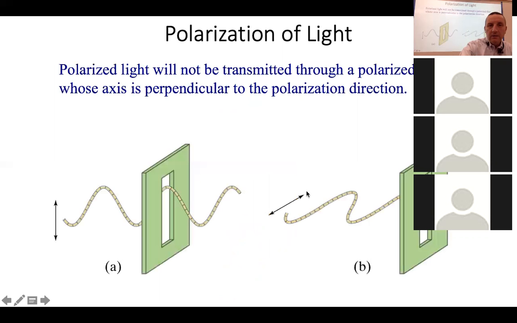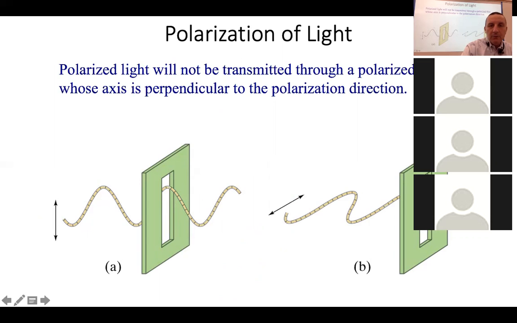Okay, and how that happens, here's just using a picture. If you imagine here's a board and a rope that we make wave, and make the waves go through on this rope. If the slit in the board is in the same direction as the wave, it's able to pass through it.